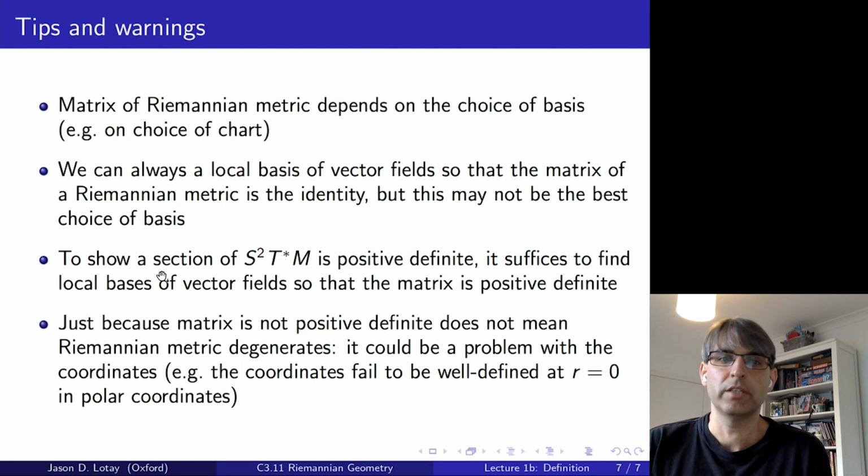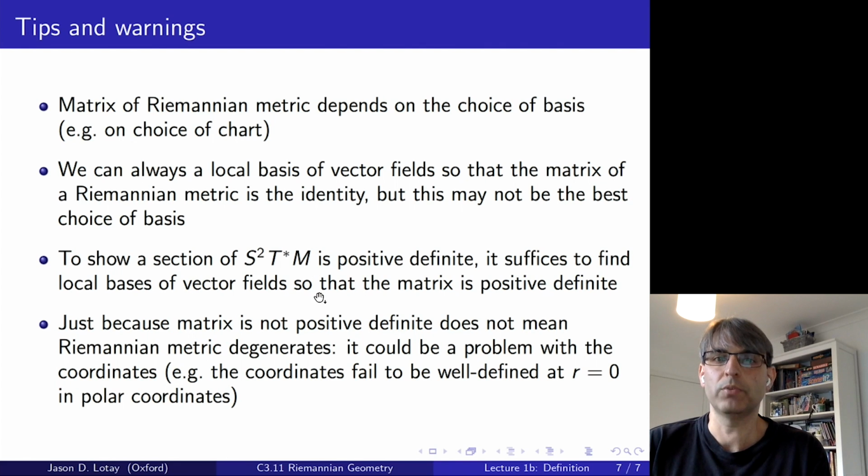Now suppose that you have a section of the second symmetric power of the cotangent bundle, so you just have some smooth choice of symmetric bilinear form on every tangent space, and you want to show it's positive definite. Then all you need to do is find some local basis of vector fields on M so that the matrix that you get is positive definite. That will work.